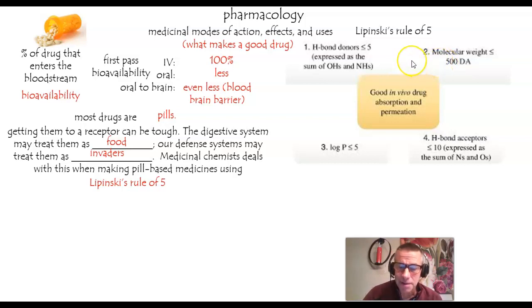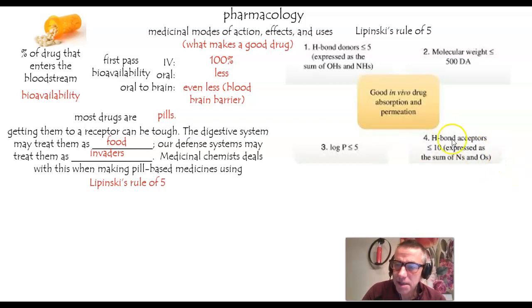But if you go higher than that, the drug might be broken down, treated as food, won't get through the liver intact, and that could be a big problem. This log P value is typically a measure of greasiness, where if you go above, say, 5.5, you are very much a greasy substance, and it might just oil out, if you will, in the bloodstream, and that will lower its bioavailability dramatically.